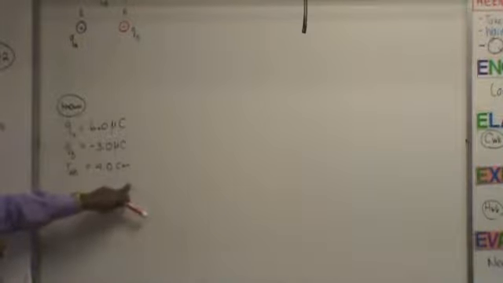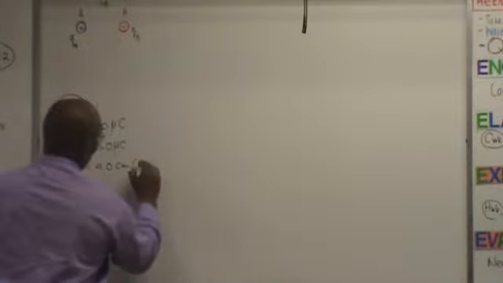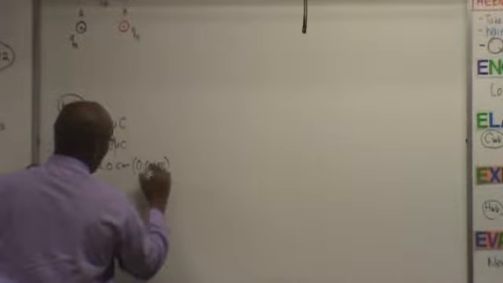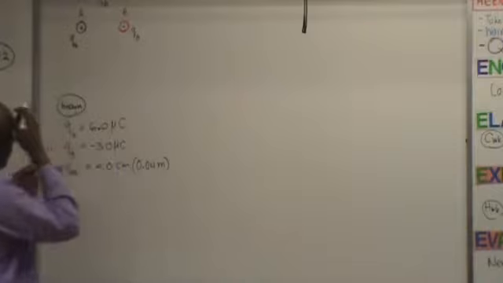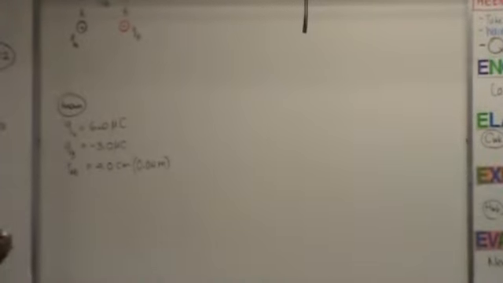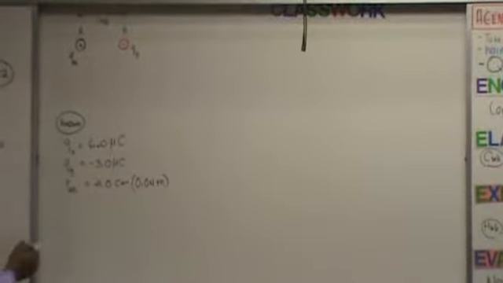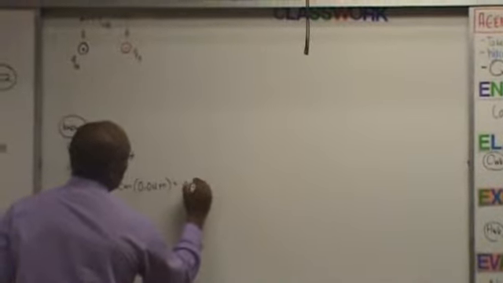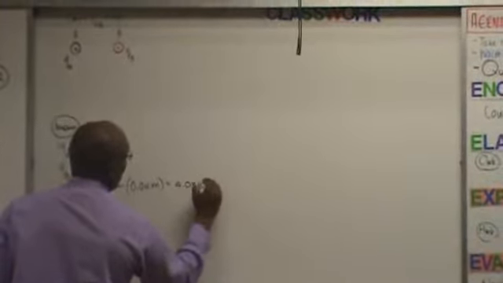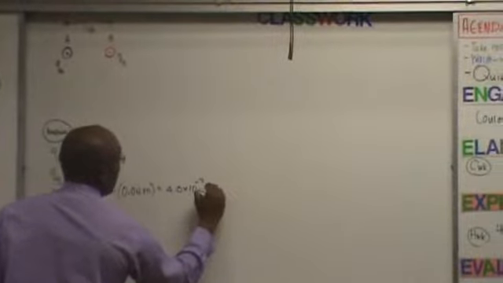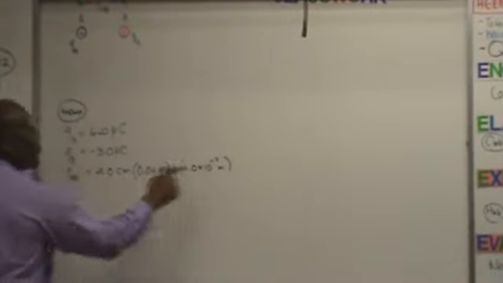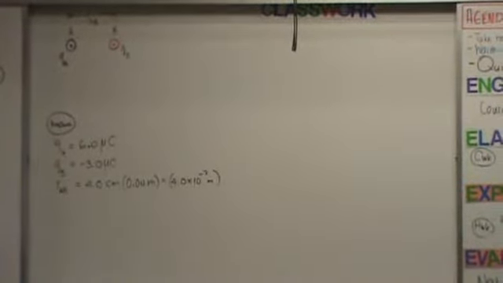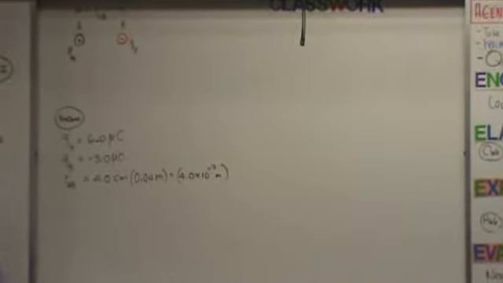We need to convert that to meter. 0.04 meter. Okay? Or, better yet, let's write it this way: 4.0 times 10 to the negative 2 meter. I prefer it that way, and you'll see why later on. Okay? Right. What else? Read.